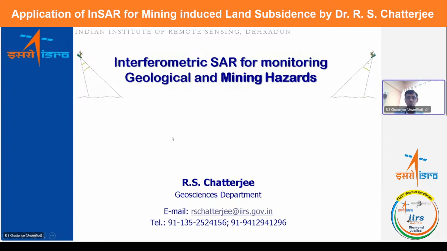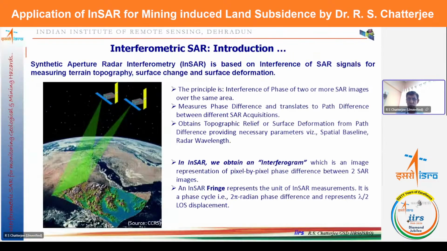Yeah, so interferometric synthetic aperture radar. Other faculty have already discussed this, but even then, I will just brush up that interferometry is essentially based on the interference of SAR signals.